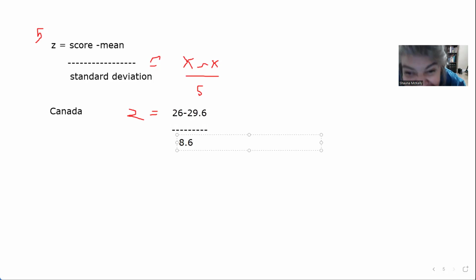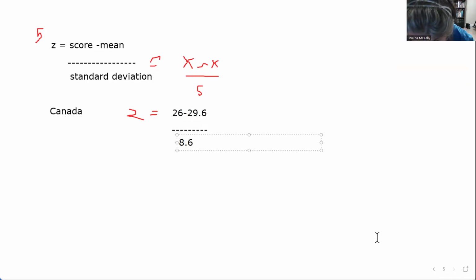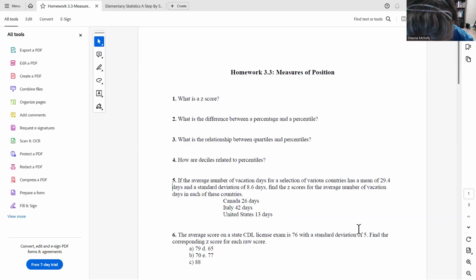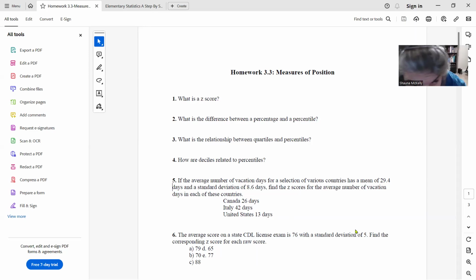So that's how that setup would look. Now, let's take this back one more time. 29.4. I'm glad I looked at it because I made an error there. Let me see. It's 29.4. So what I'm going to do is fix this.